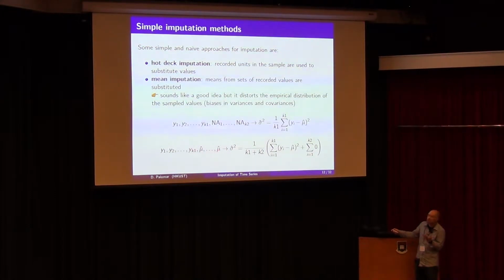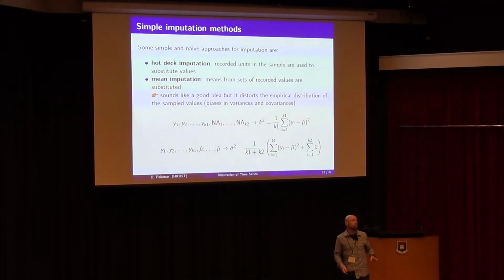Now I have K1 plus K2 numbers, so my estimation is going to be 1 over K1 plus K2. And this summation is over the first samples, and the summation corresponding to the imputed terms is just 0. So at the end, this summation is the same as the previous one, but this one is divided by K1, and this one is divided by K1 plus K2.